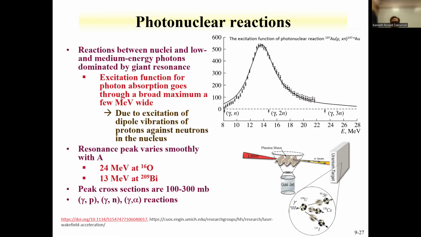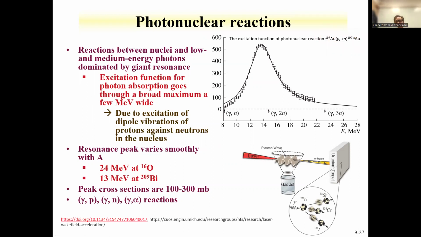We've talked about charged particles, talked about neutrons. Photons can also drive nuclear reactions, and this is just to be complete. So here's an example of gold reaction with photons, making some gold isotopes.